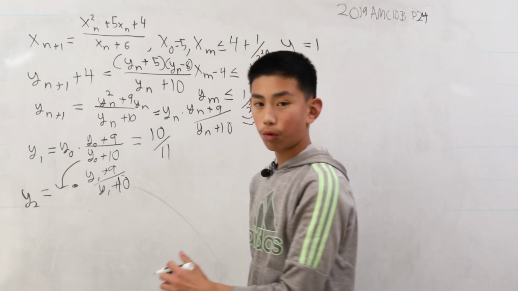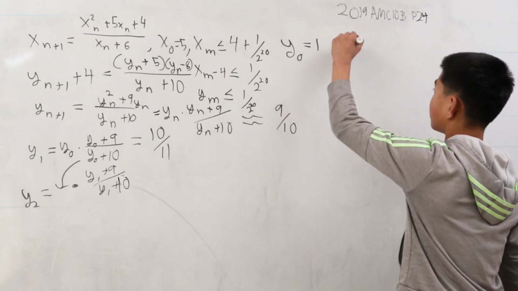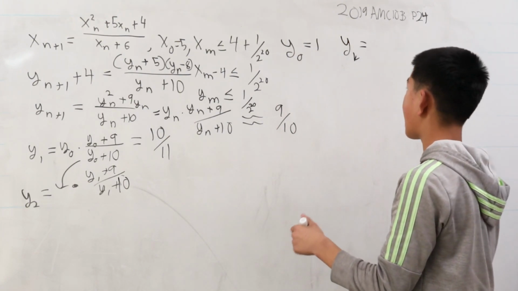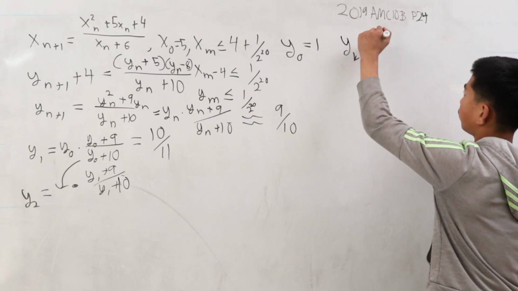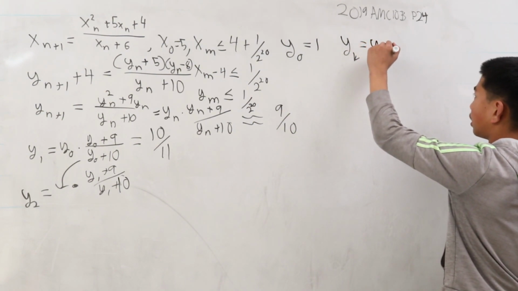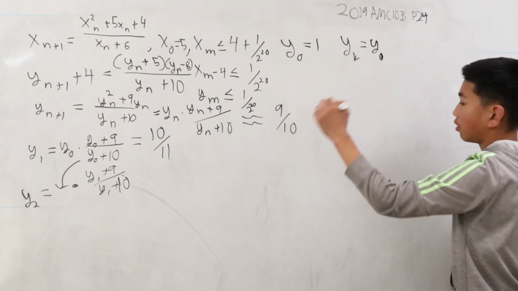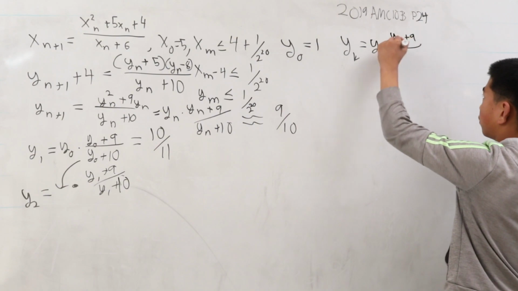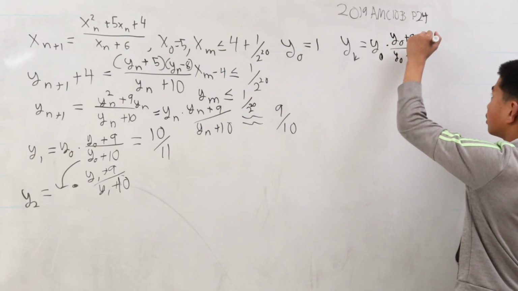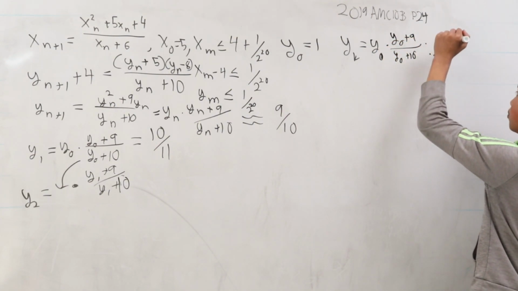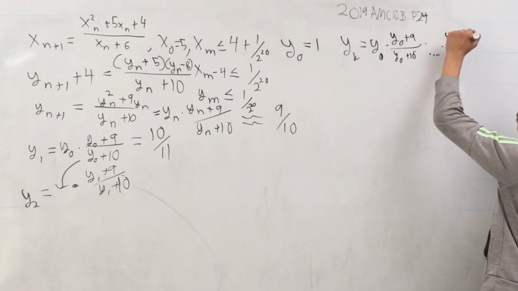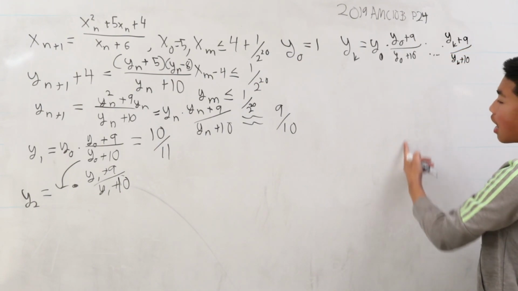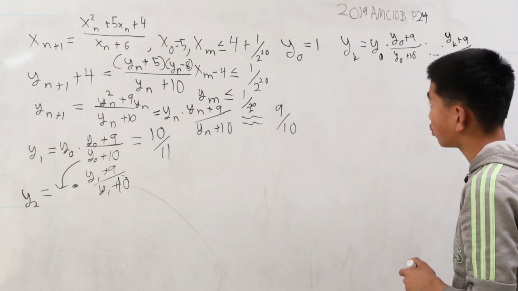So whatever yk is, we can define a sequence recursively for k factors, starting at y0 times y naught plus 9 over y naught plus 10 times ... until you multiply it by yk plus 9 over yk plus 10. This is how the sequence goes.